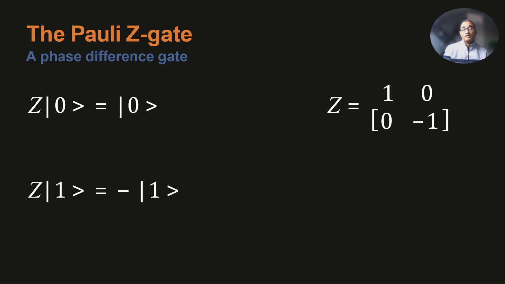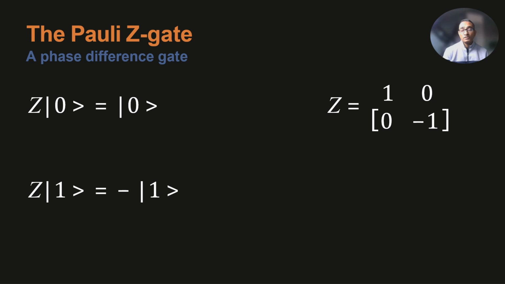If you apply the Pauli Z gate to state 0, you can easily prove that you will end up getting state 0 as output. If you apply the Pauli Z gate on the state 1, you will end up getting minus state 1.